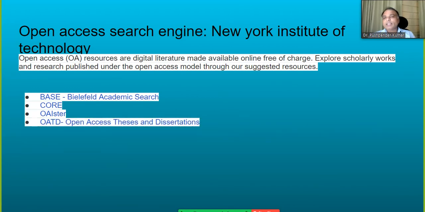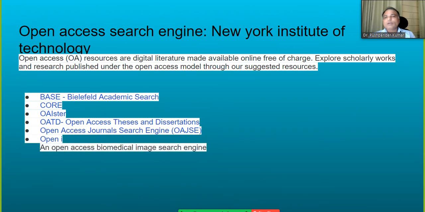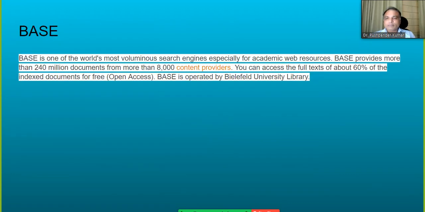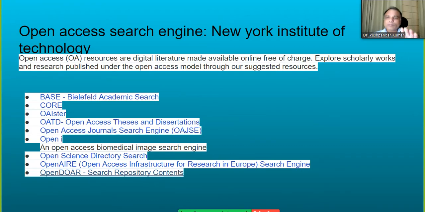Fourth is OATD. Fifth is Open Access General Search Engine. And then OpenEye, and then Open Science Directory Search, and then OpenAIRE and OpenDOAR. So these are all the possible sources we have, right? These are all open access journals.